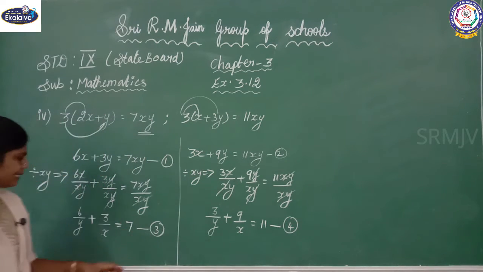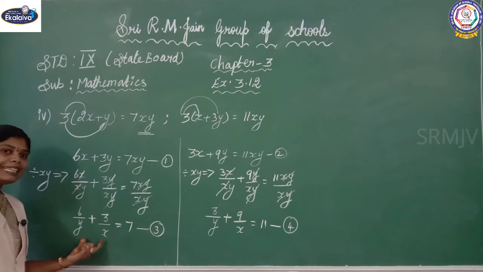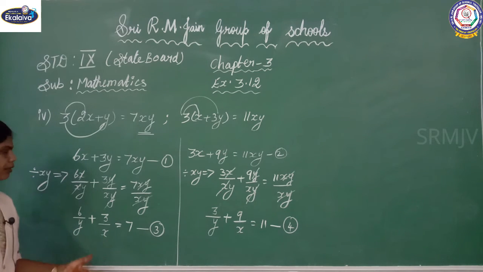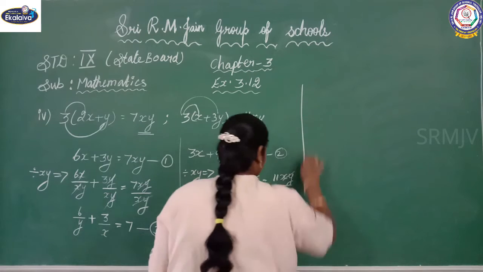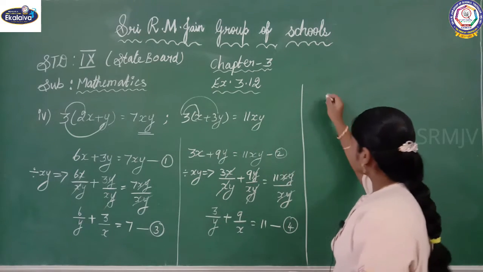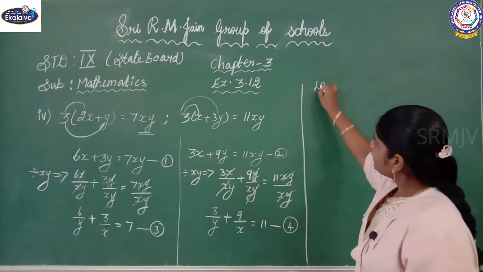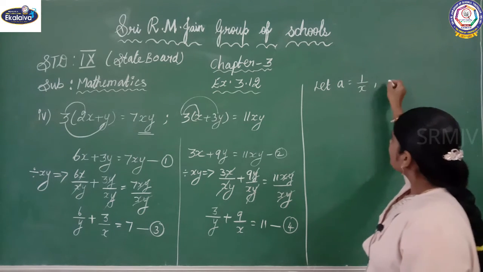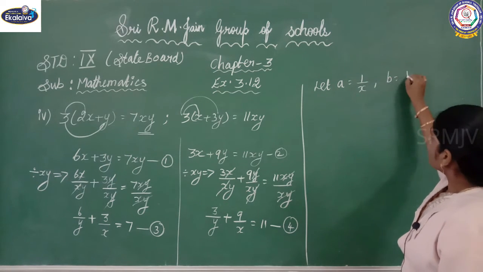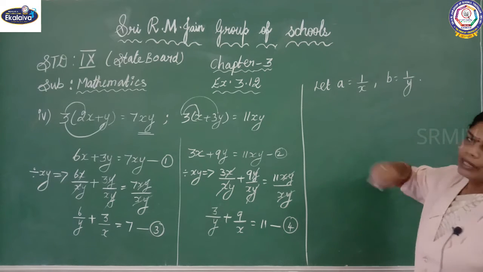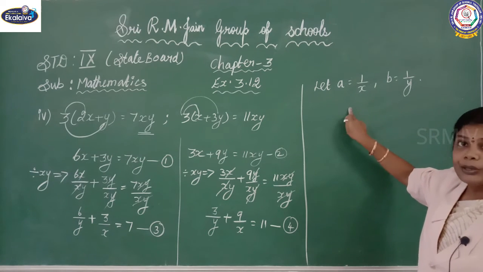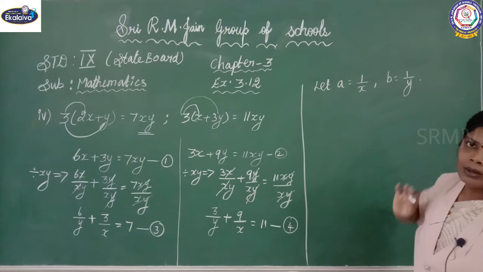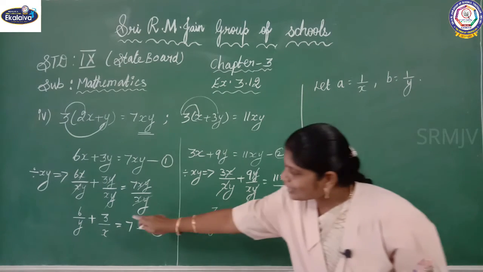And see this equation, in the denominator place we have the variable. First we need to change that. Let us take a equal to 1 by x and b equal to 1 by y. See here, 6 by y.